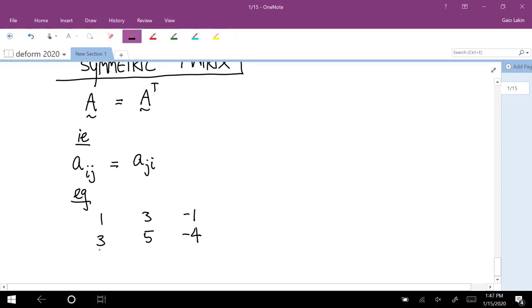The next one is the 3,1 element, so that has to be the same value as the 1,3. So what value does this have to have? Yep, -1. The next one is the 3,2, so that has to be the same value as the 2,3. So what number does this have to be? -4. And then this can be anything.